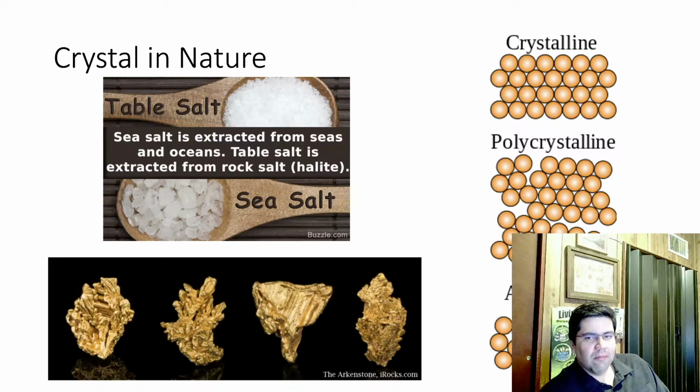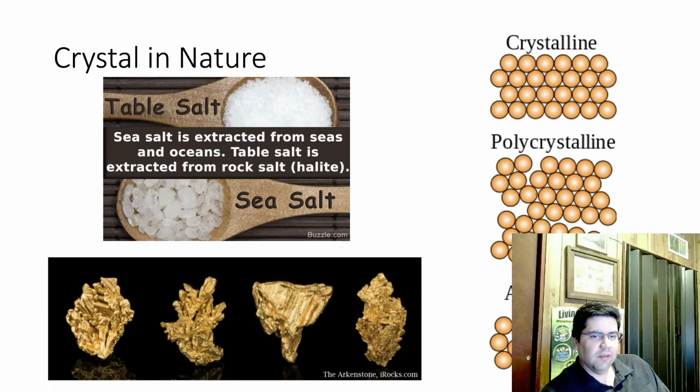In nature we have crystals. Examples of crystals that we have in nature are, for example, table salt, which is usually something that you're going to find at home for cooking. Then you have other materials like gold, which is an FCC structure. Typically when you see these structures in nature, the crystal is going to be polycrystalline, because crystals grow in different directions and there are boundaries.